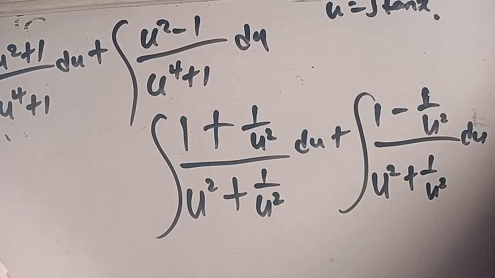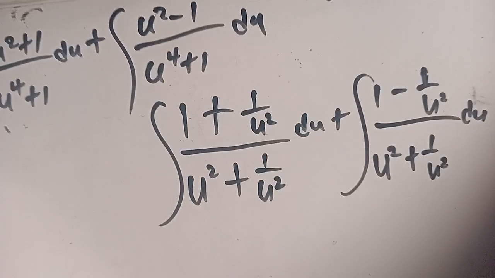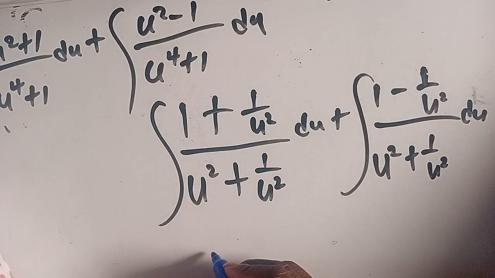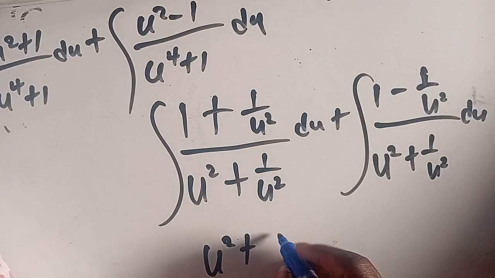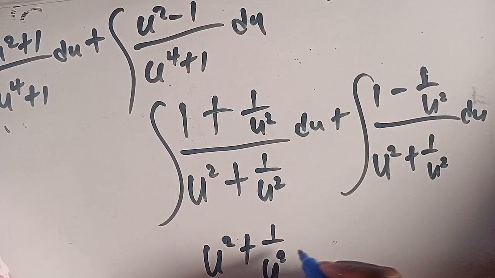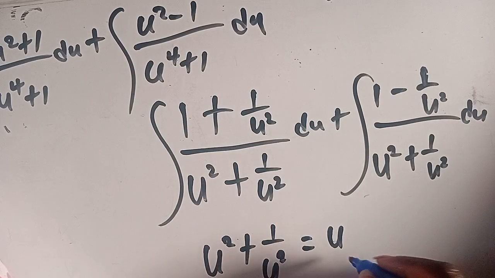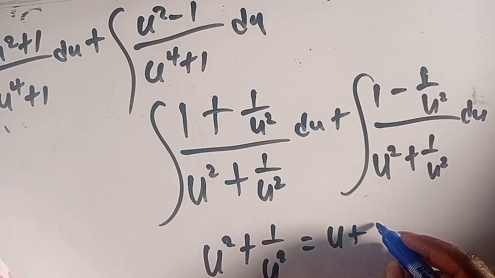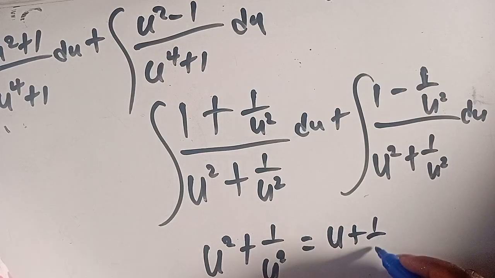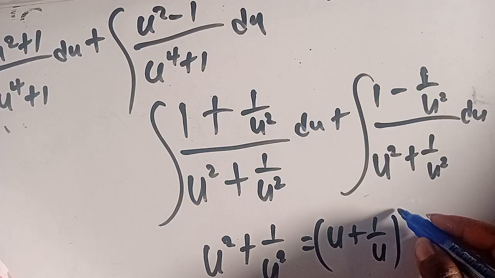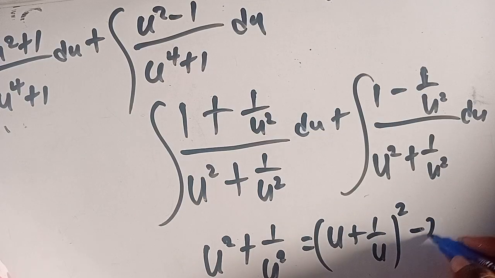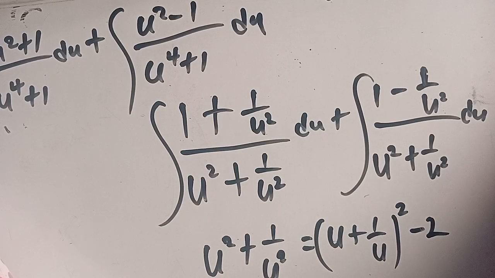The next thing is that now we are going to use the completing the square method. Now what is the completing the square method? Note that u square plus 1 over u square can be written as u plus 1 over u all squared minus 2, using the completing the square method.